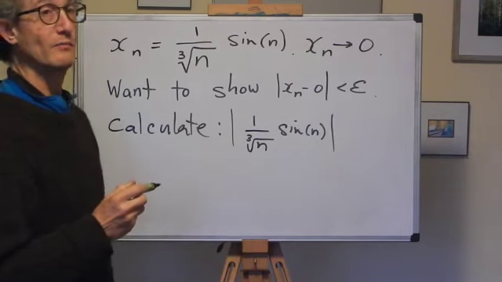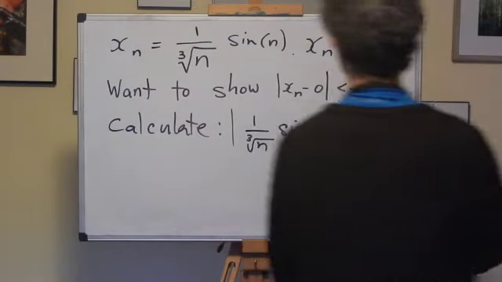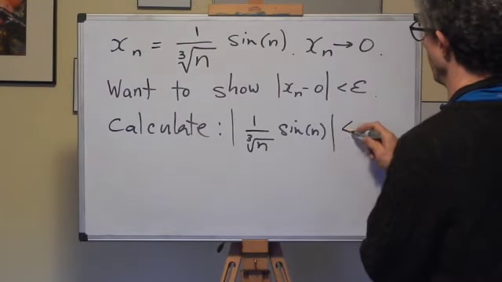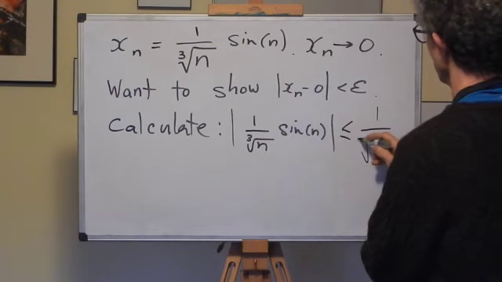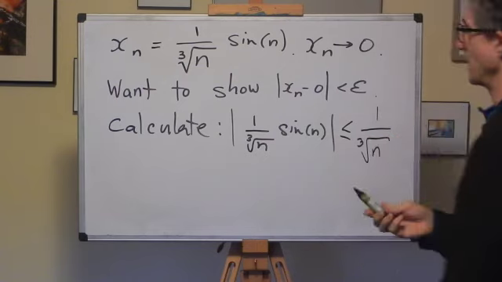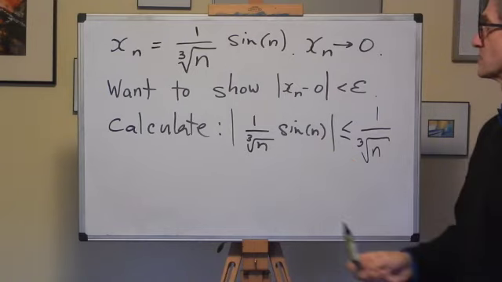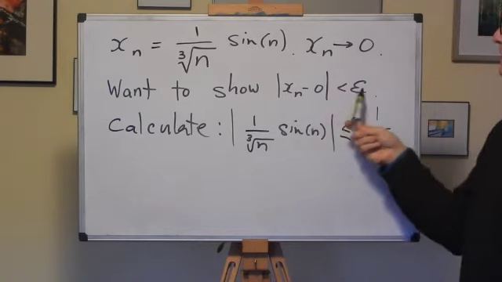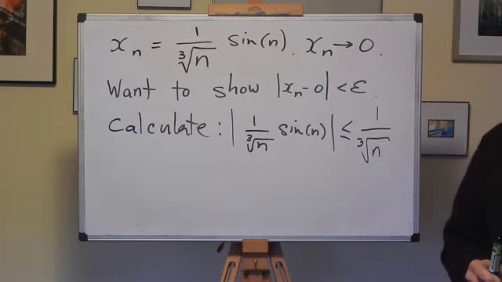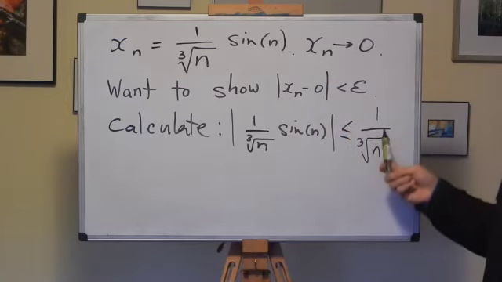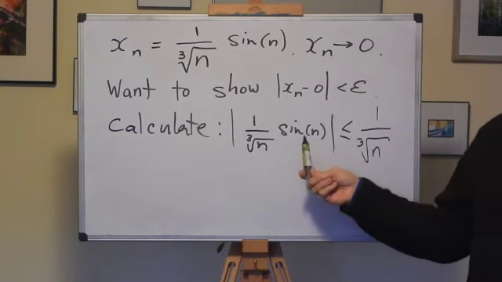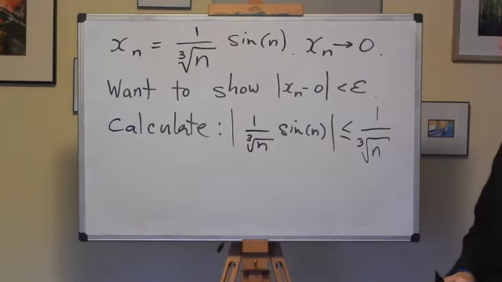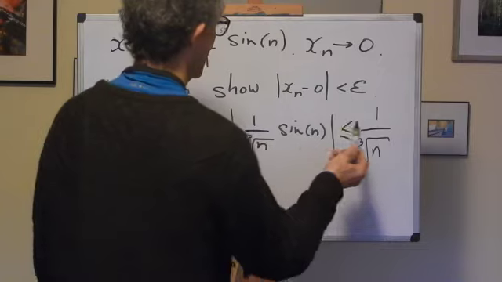Sine n is between -1 and 1, and so I'm just going to say that this is less than or equal to 1 over the cube root of n. Again, I don't care what sine does as long as it doesn't mess up that the difference between xn and 0 is small. So I'm just focusing on what I think makes it small. Sine of n will sometimes be small and sometimes be close to 1, and I'm not going to worry about it. Okay, great.